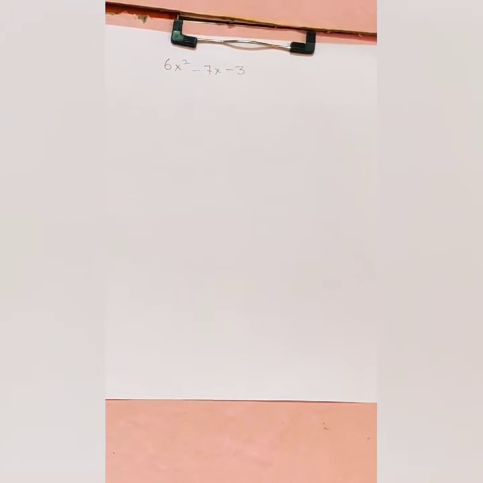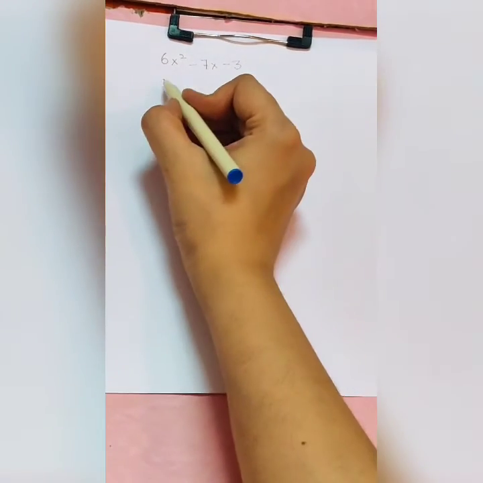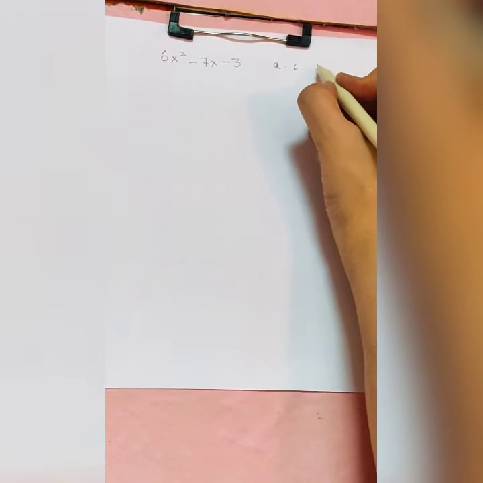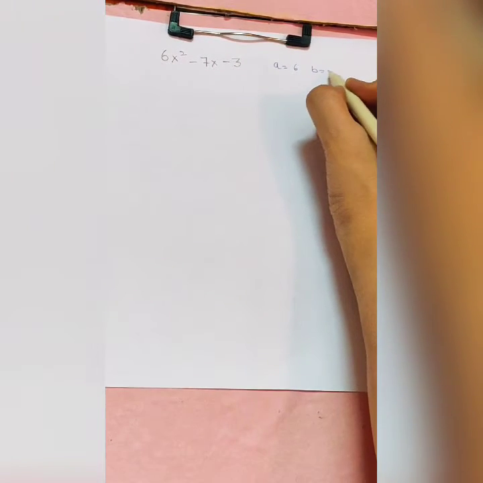Now how to begin in this? The process is the same. Here our a is the coefficient of x square, 6, b is minus 7 and c is minus 3.